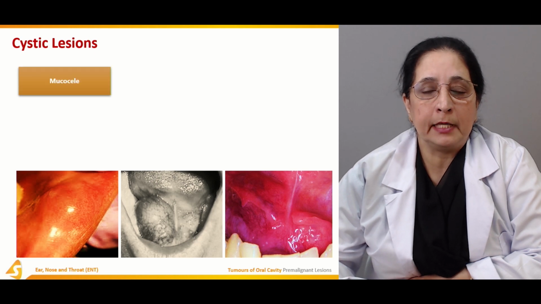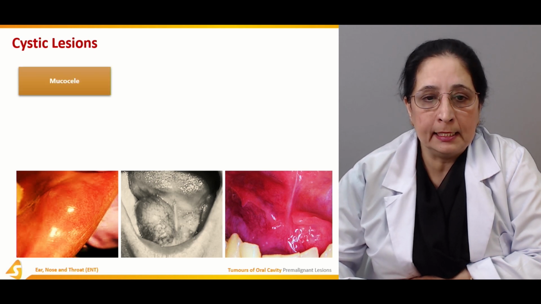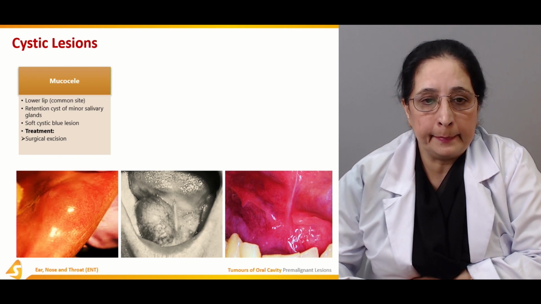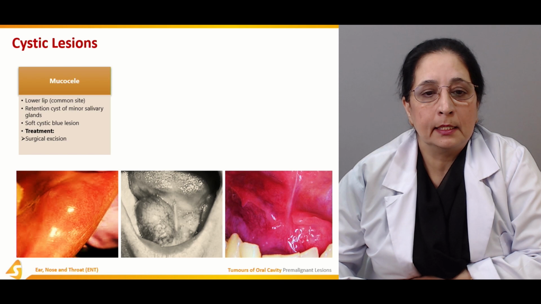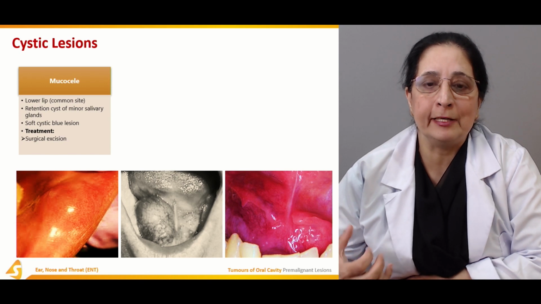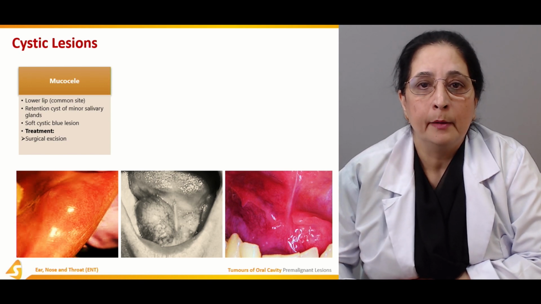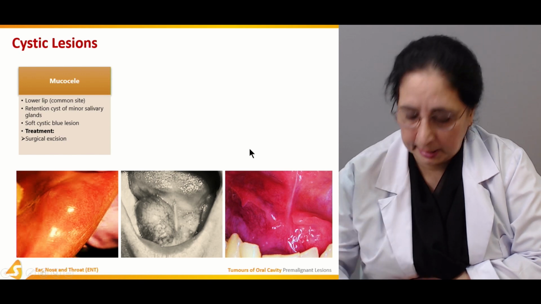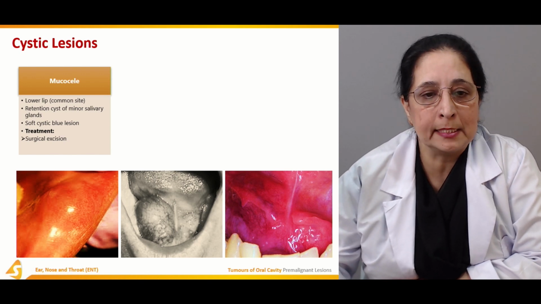Cystic lesions can be mucocele. Mucocele is common in the lower lip. It's a retention cyst of minor salivary glands. The lower lip is mostly affected by the mucocele.